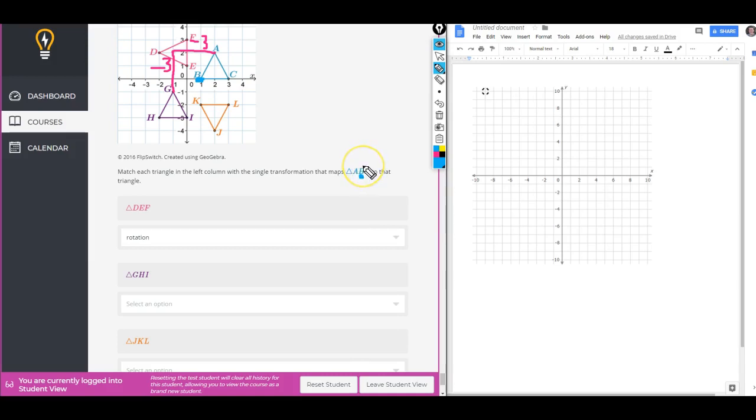Well, B is located in the middle of triangle ABC's title, so its corresponding point is going to be located in the middle of the other triangle's title. So H is its corresponding point. So I'm going to go back 1, 2, 3, down 1, 2, 3 to check and see if that was what happened. It is back 3, down 3. So now point C's corresponding point is I. So 1, 2, 3, 1, 2, 3. So yes, it is a translation.